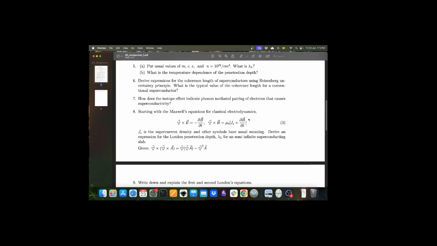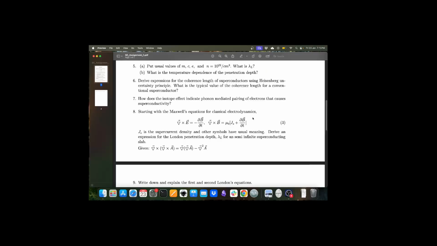So question 5a: we use the electronic mass, velocity, electronic charge, and the number density, which is given as 10 to the power 22 per cm cube.